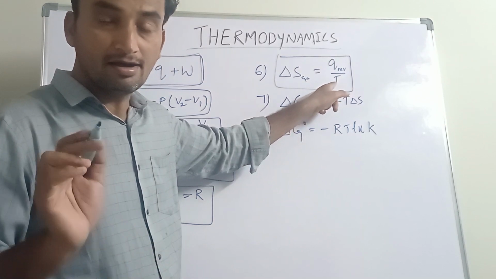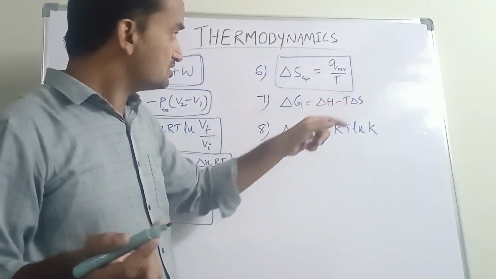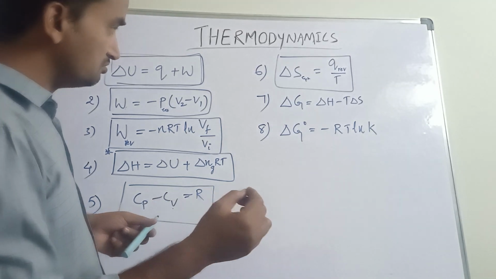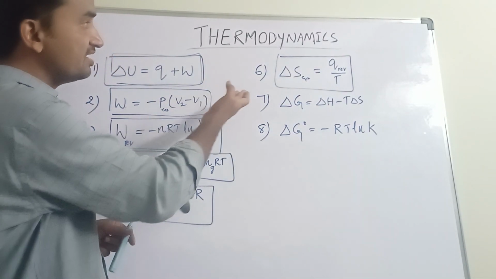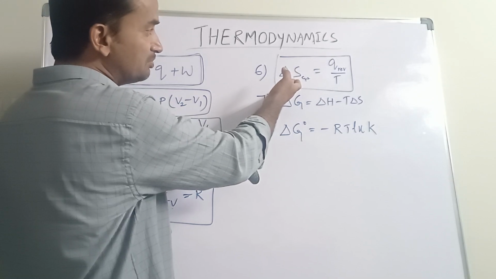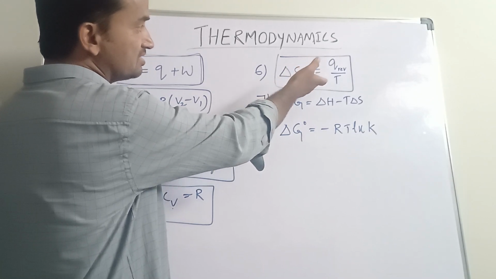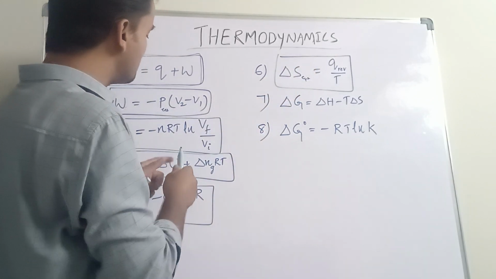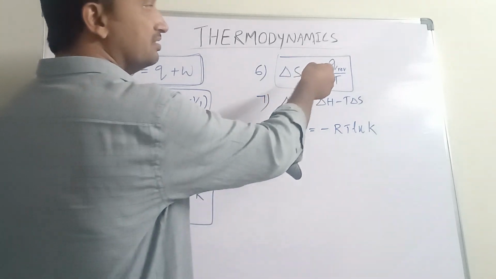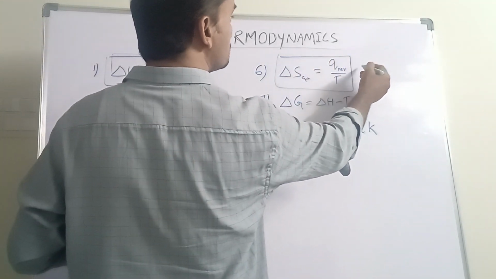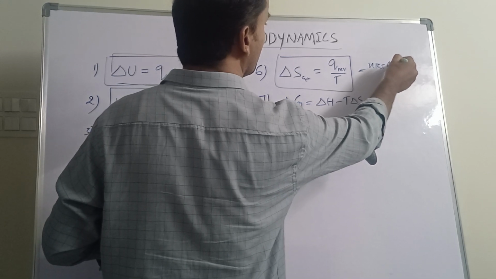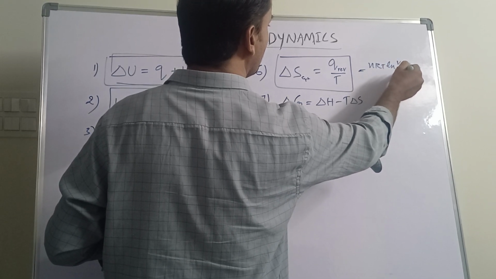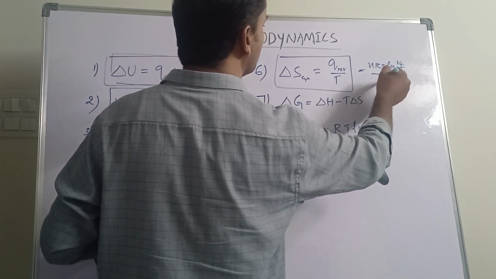Now, suppose they want to ask, instead of this, W reversible, in the isothermal process what is the change in entropy. In that case, Q will be positive. Now we can write nRT ln Vf by Vi divided by T. So T gets cancelled.